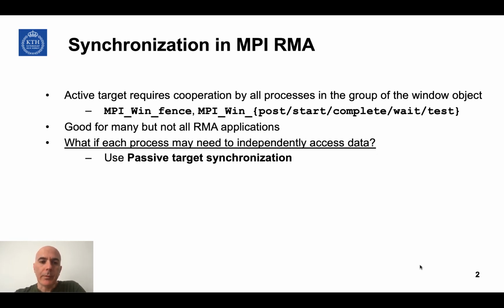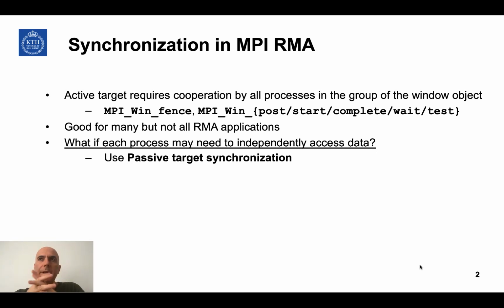We have seen MPI win fence, and then MPI win post, start, complete, wait, test. This is particularly good for many applications that require synchronization of all the processes, but sometimes we want a much finer grain synchronization, right?